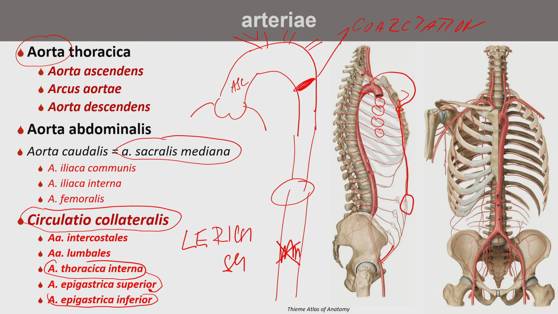So those collateral circulations could provide the blood flow when the blood is not flowing through the occluded aorta.